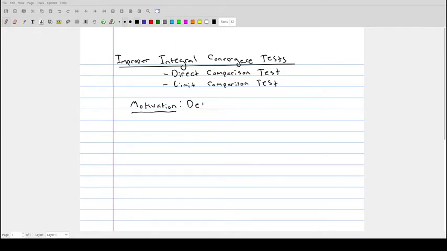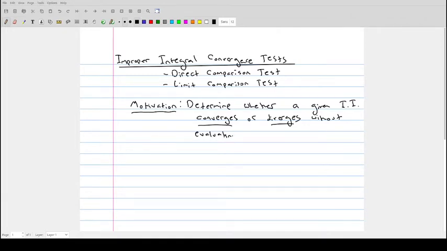It's to determine whether a given improper integral converges or diverges without having to go through and evaluate the actual value.